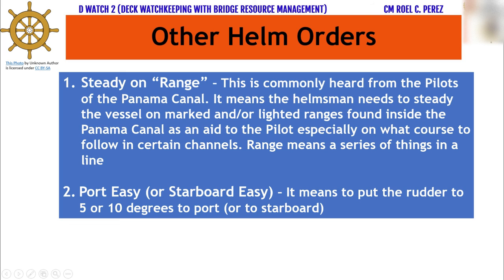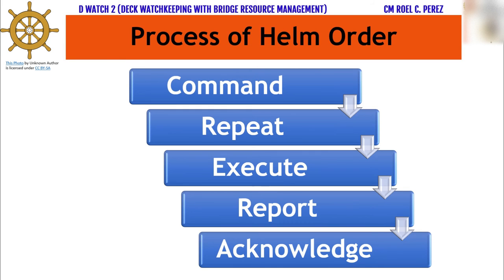Number 2. Port easy or starboard easy. It means to put the rudder to 5 or 10 degrees to port or to starboard. Process of helm order. Command, repeat, execute, report, acknowledge.